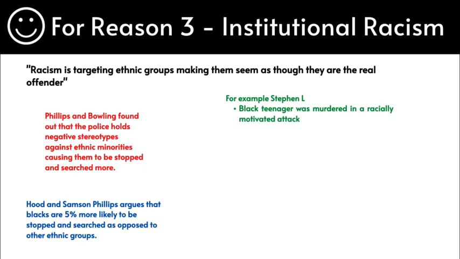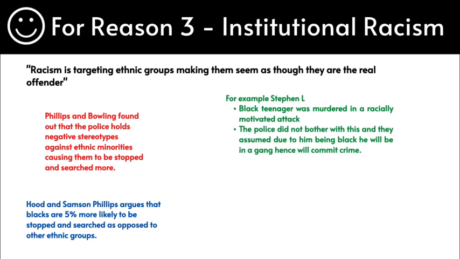If you didn't know this, this was the story of it. But many of you will know this because it was a big issue at that time. The police did not bother with this. They assumed that, you know what, he was Black, and if he's Black, he might be in a gang, hence he will commit crime, and that's why he is a criminal and he was murdered. So this was what the police had in mind.